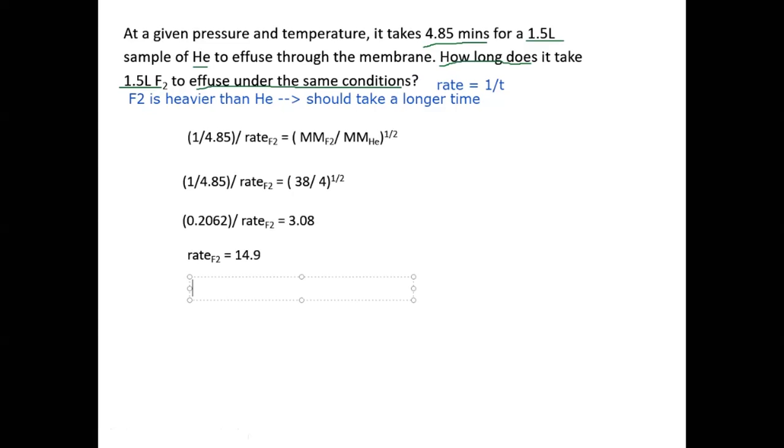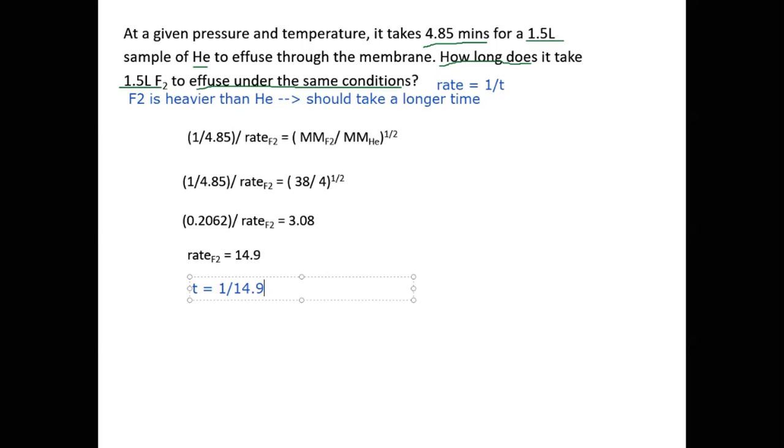So time is equal to 1 divided by 14.9. So that's the rate. I think I did something wrong here.